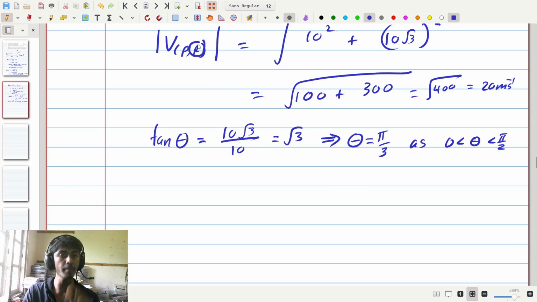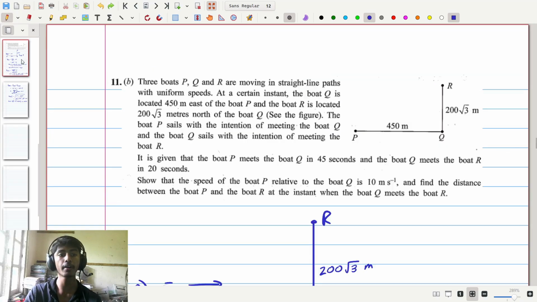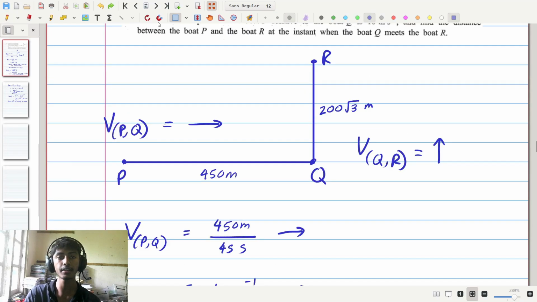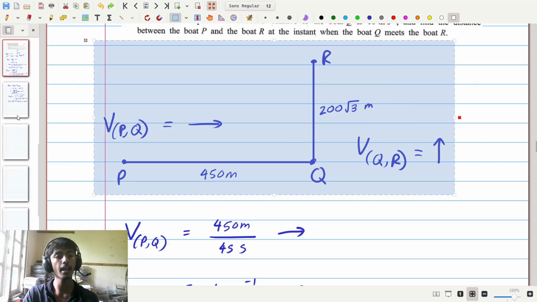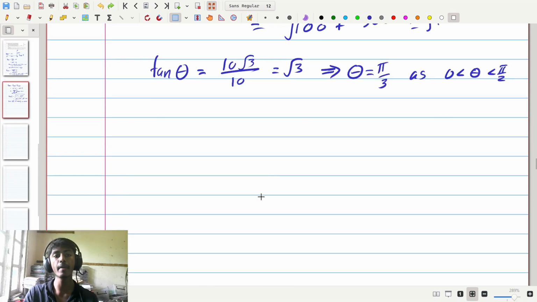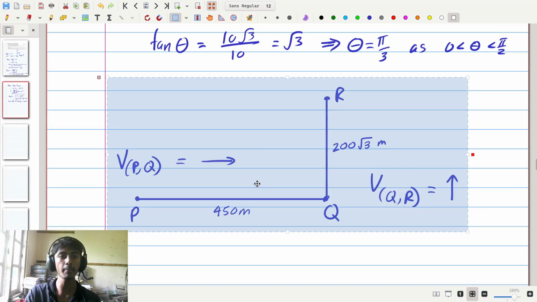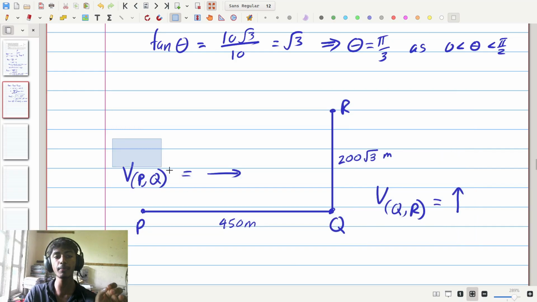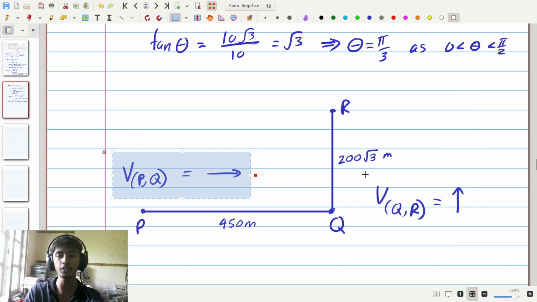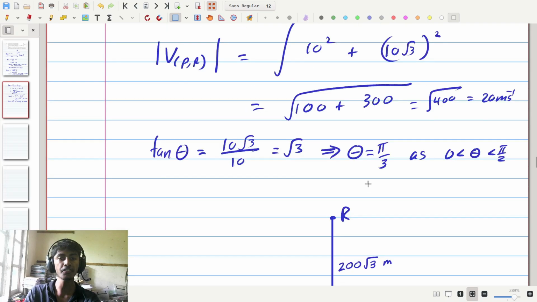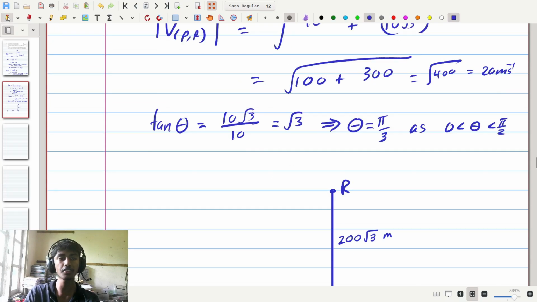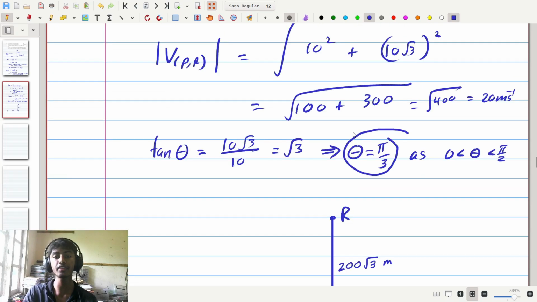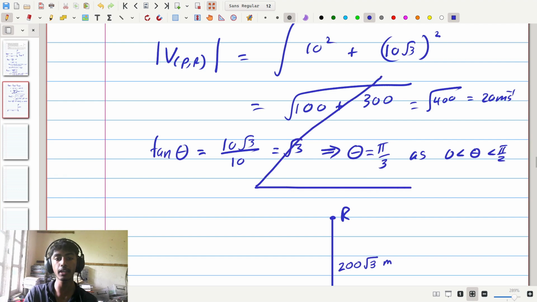Now with that, we have found the relative velocity of the boat P relative to the boat R, and can now use this information in order to find the path of motion of the boat P relative to the boat R. To do that, I'm going to go up and take this diagram here, copy it down, and then in this diagram, based on what I know, I am going to try and draw the path of the boat P as it travels relative to the boat R. Now considering the relative velocity, it has a direction of pi by 3 radians above the horizontal like this.